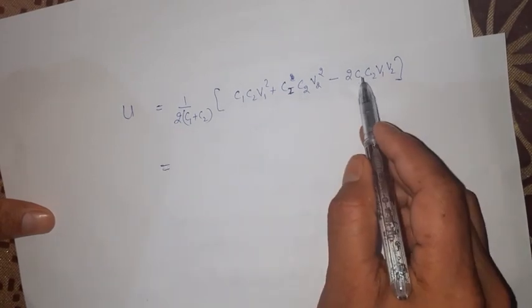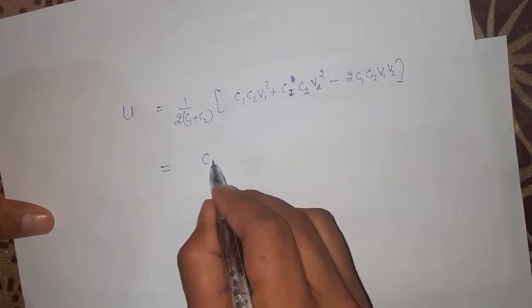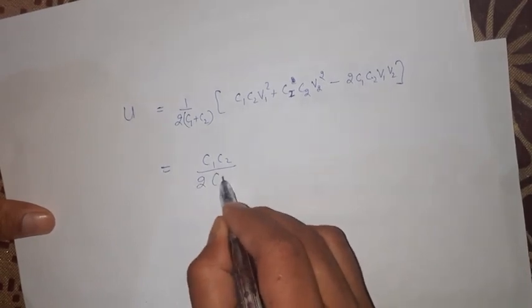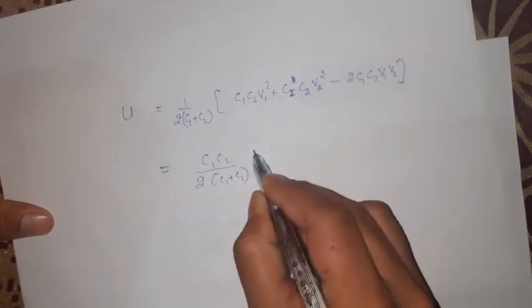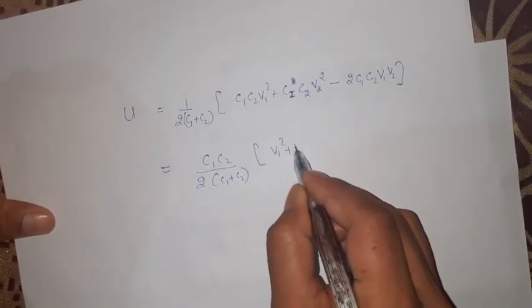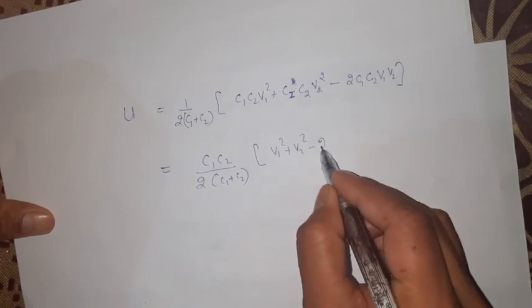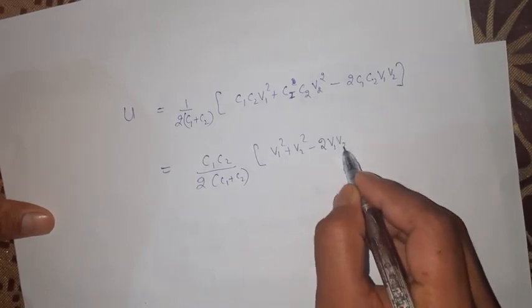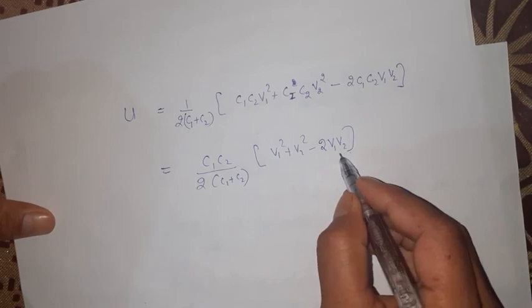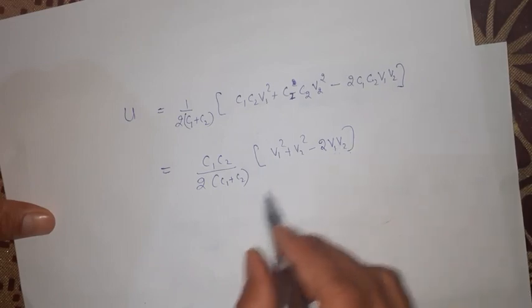So what is common from inside? c1 c2 is common, so c1 c2 upon double of (c1 plus c2), and it is v1 squared plus v2 squared minus double of v1 v2. So you will find that it is a minus b whole squared.